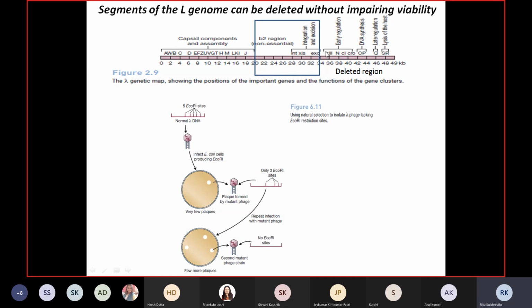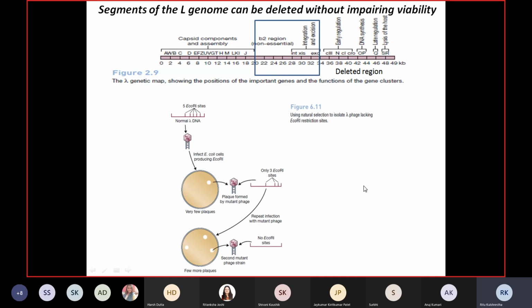Apart from that, there was another region which is only required if the lambda phage is going for the lysogenic life cycle. Which are those regions? They are the regions involved in either the integration or excision process. So it was realized that how about we delete this whole region, which is around 10 kb.